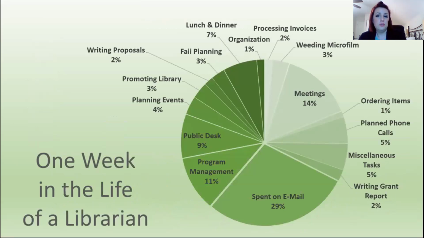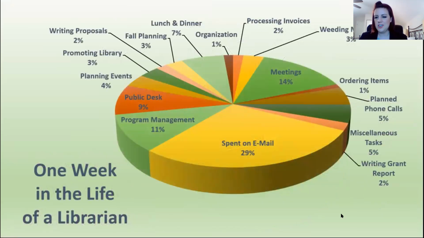So we could also use a pie chart like this one, which is good for showing how one particular thing like time or money is being distributed amongst different categories. But it's still not the most interesting way that we could display this information. You could certainly try to dress this pie chart up a little bit by making it 3D, changing the colors, and that makes it a more interesting and memorable visual.